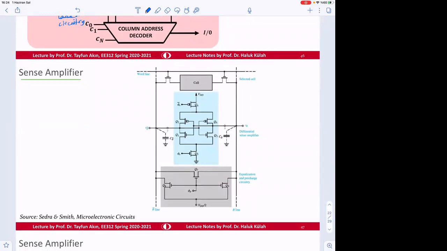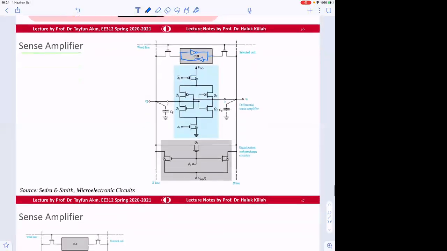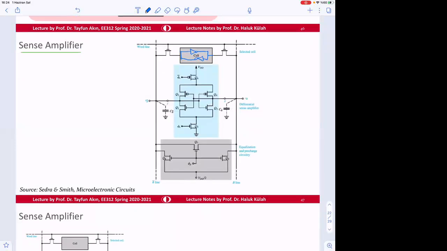You remember the cell here? The cell was back-to-back two inverters. So for the reading operation, initially we set this to 2.5 volt, and this line is connected to many cells, right? There are a lot of cells here.